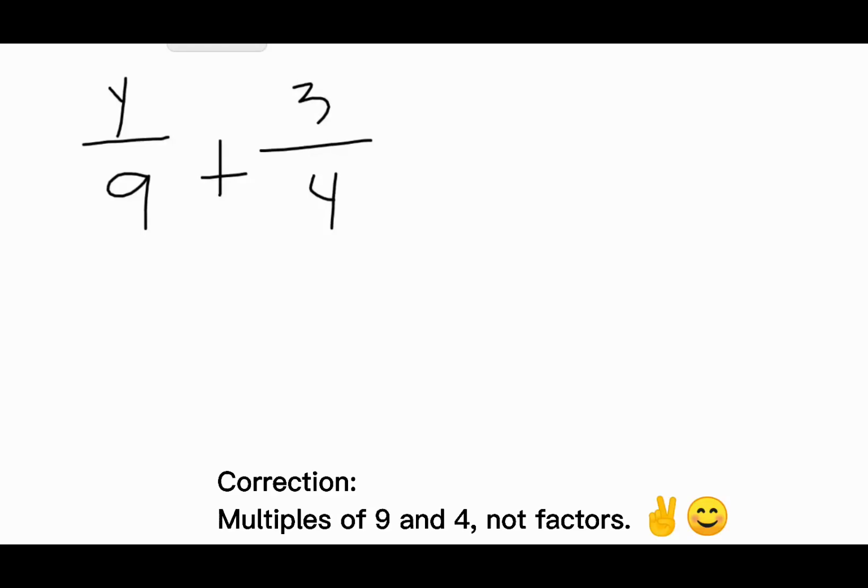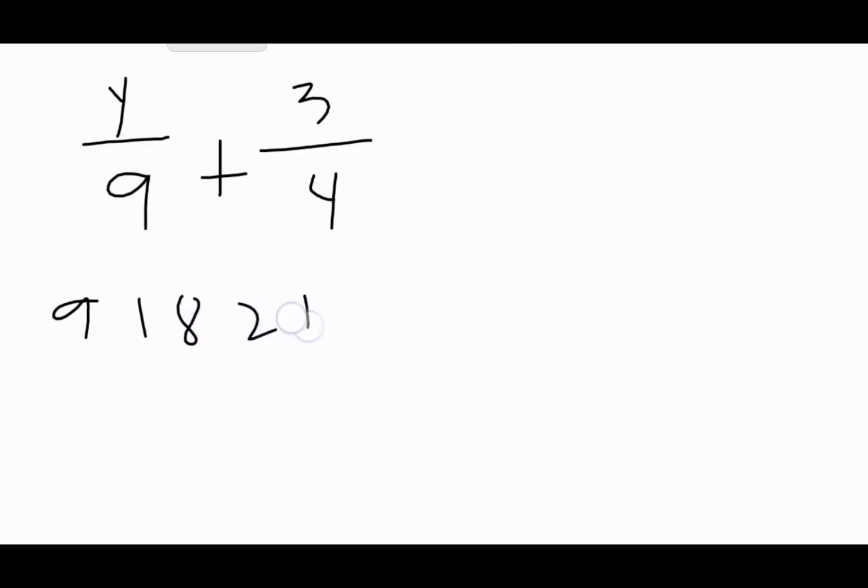First example, 4 over 9 plus 3 over 4. The LCD can be determined using the multiplication table. The multiples of 9 are 9, 18, 27, 36, 45, 54, 63, and so on.